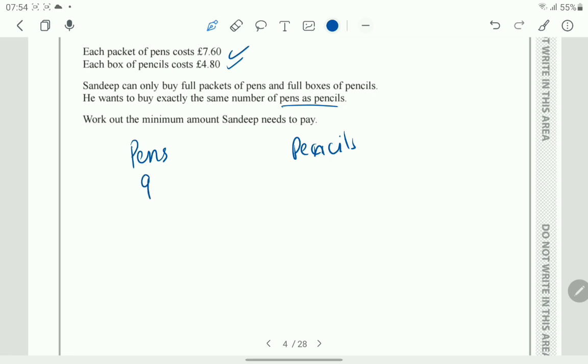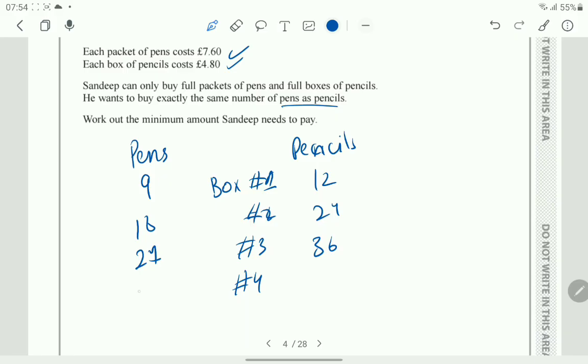So first, this is like box number 1 and so on and so forth. And for the second he will have 18 and 24. For the third he will have 27 and 36. For the fourth he will have 36.